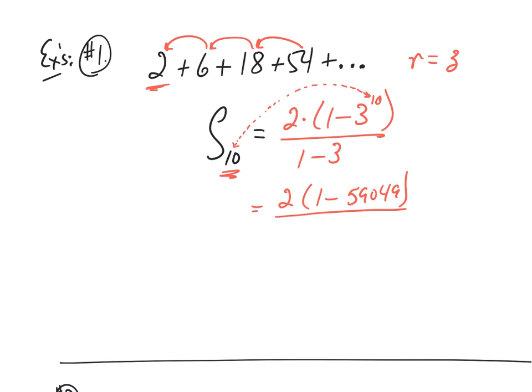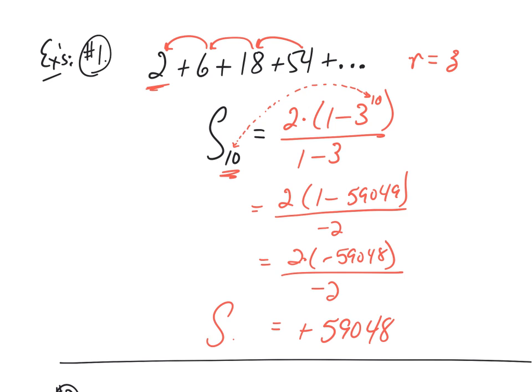And I suppose we could subtract in the denominator since there isn't anything else going on there. Then 1 minus 59,049 is going to be negative 59,048. And then when we multiply by 2 and divide by negative 2, what we'll get as a result is positive 59,048. And that would then be the sum of the first 10 terms of that geometric series.